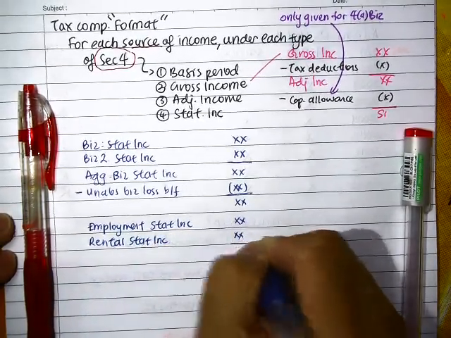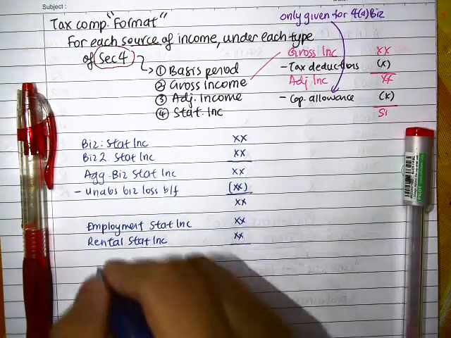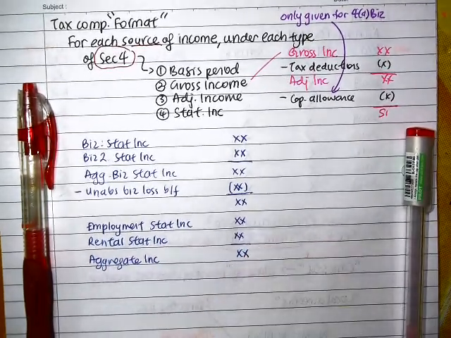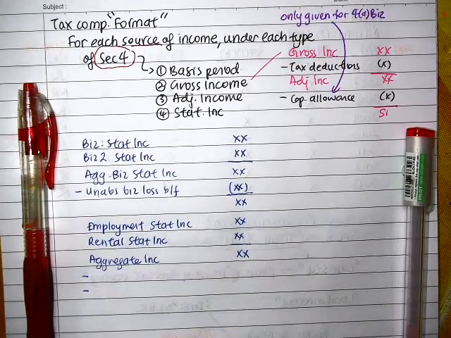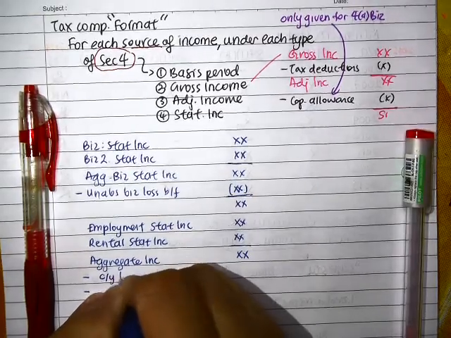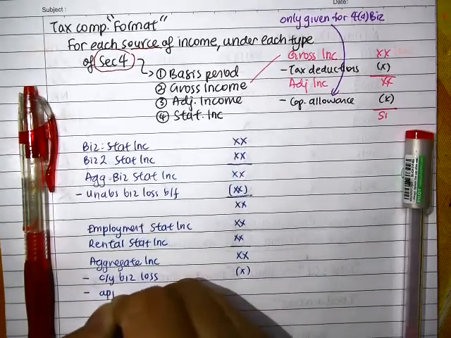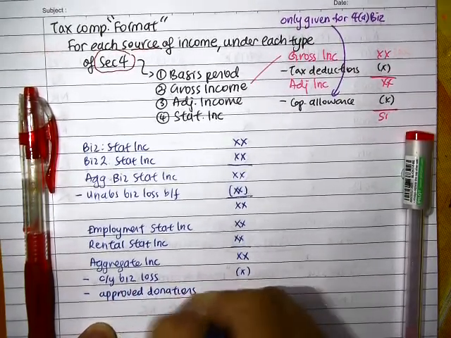All the statutory income, if you add them, you call them aggregate, correct or not? Now what do you do after aggregate? There are two things that we minus. First one, current year business loss. Then you minus approved donation.